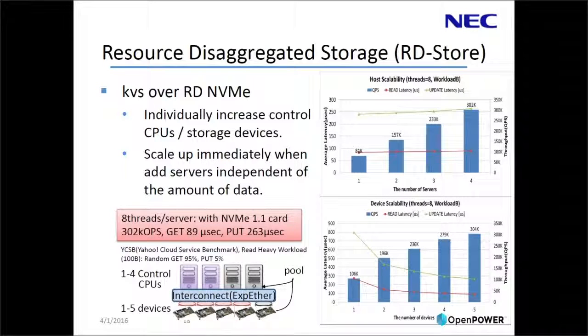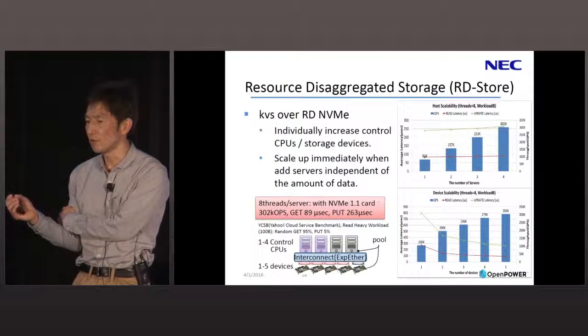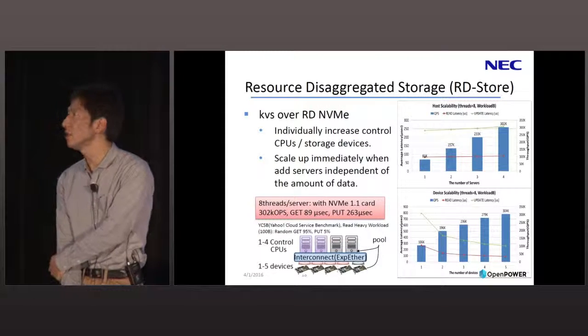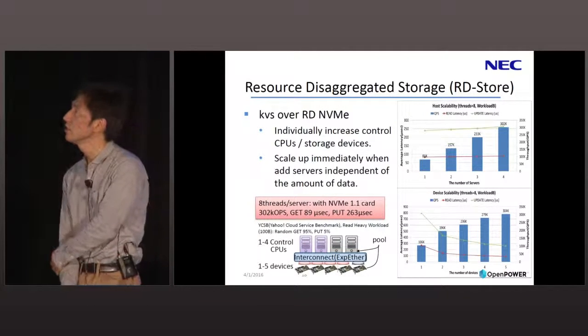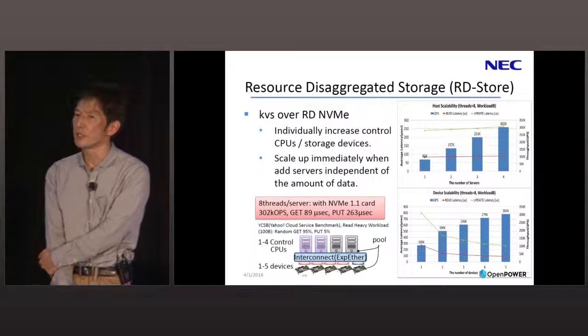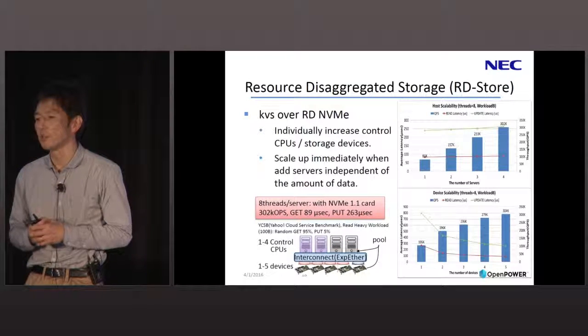So by using the resource disaggregated system, we have developed a resource disaggregated store. We call it RD store. RD store is a key value store software making use of the resource disaggregation.